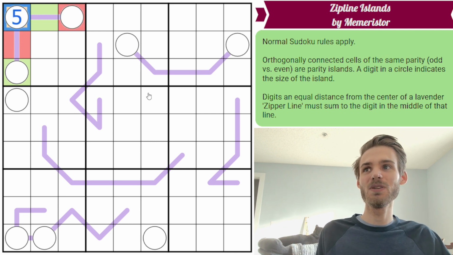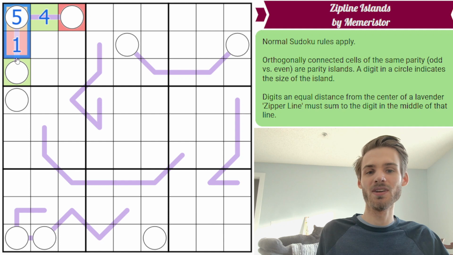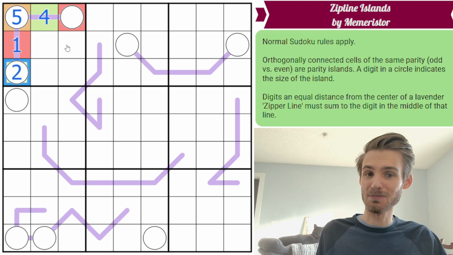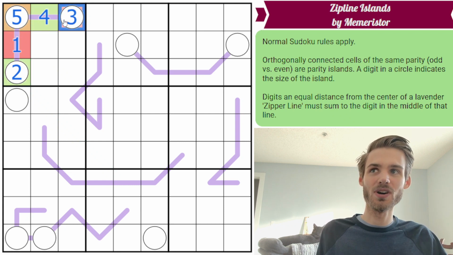So if we put a 5 in there, and this was 1 and 4, this would be the odd digit. So then we couldn't have this be odd, because then it would also have to be 5. So this would have to be even. Let's say 2, because that would have to be 2 if it's even. And then since these two add to 5, this one has to be an odd digit.